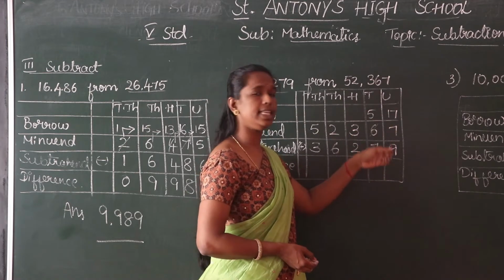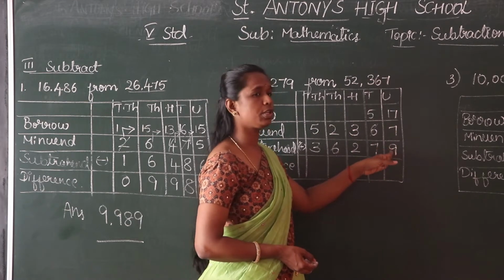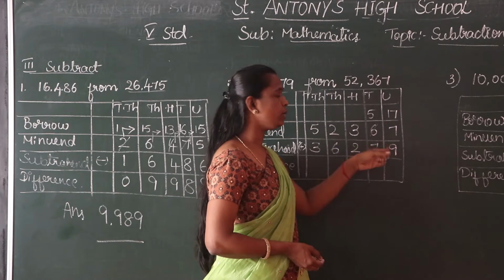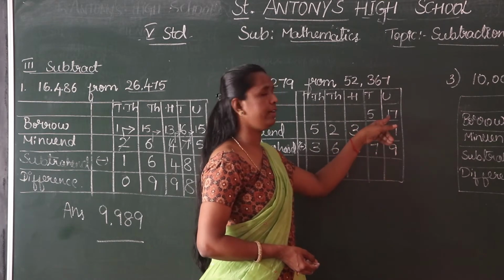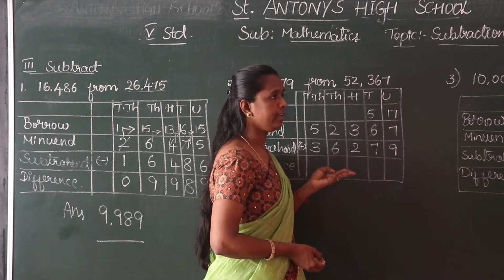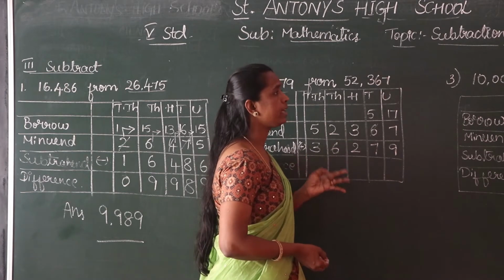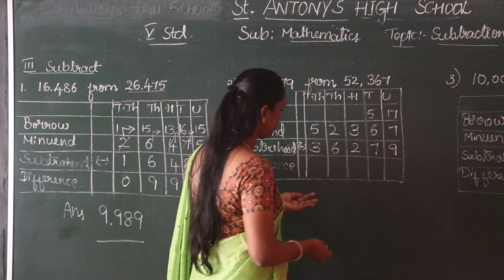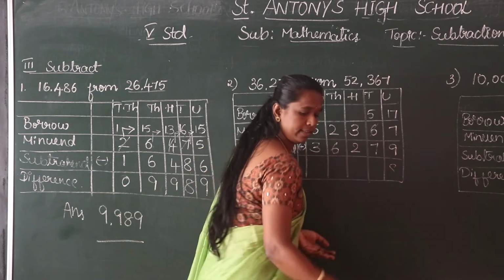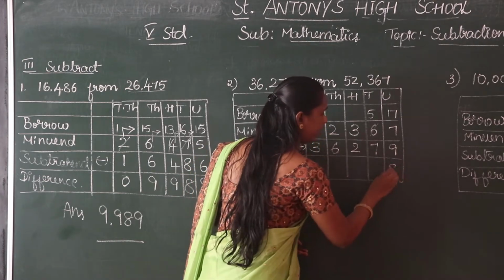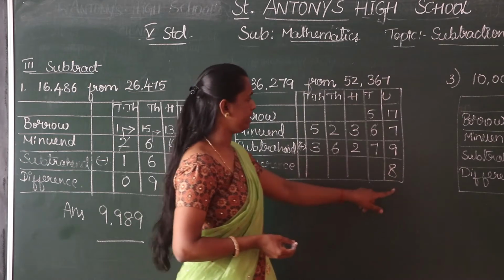This is one of the easy methods for subtraction from a 2-digit to a 1-digit number. 10, 11, 12, 13, 14, 15, 16 and then 17. The answer is 8.